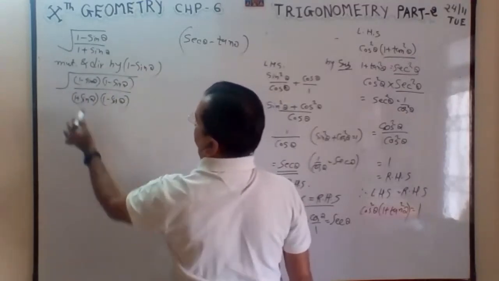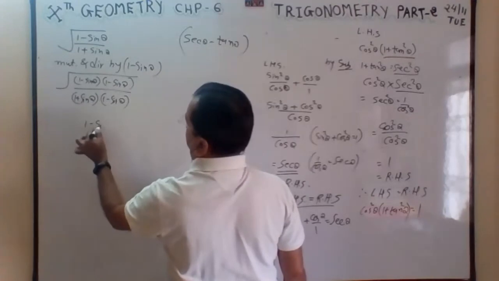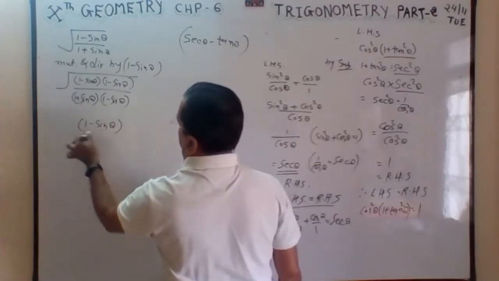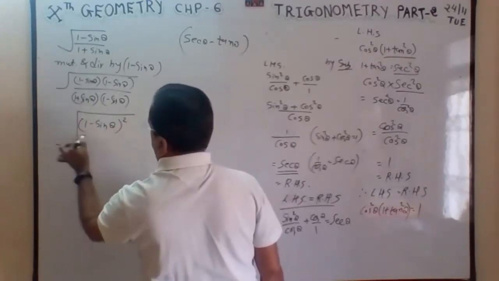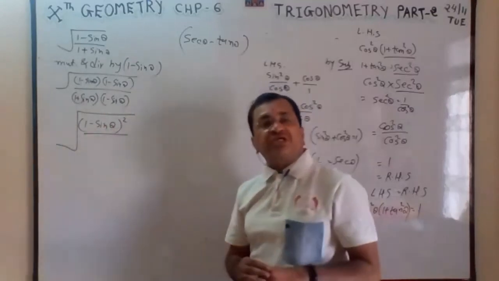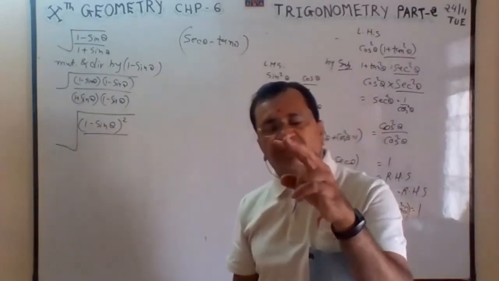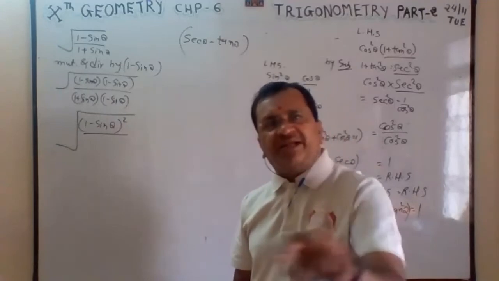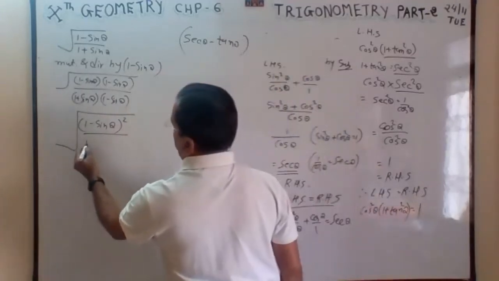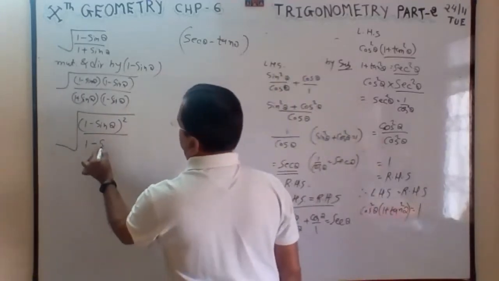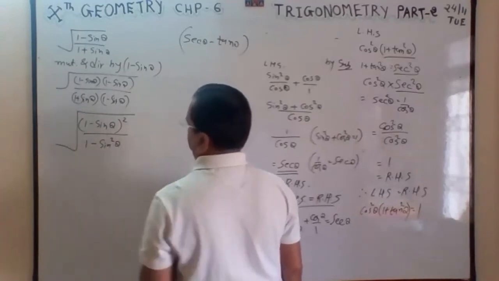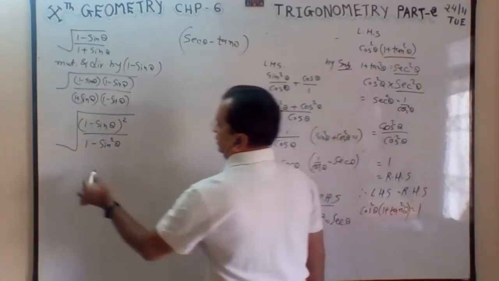So this is the same bracket, so 1 minus sin theta whole square. This is the opposite bracket, 1 plus sin theta. A plus B, A minus B, so A square minus B square. So 1 square is 1 minus sin square theta. Correct.